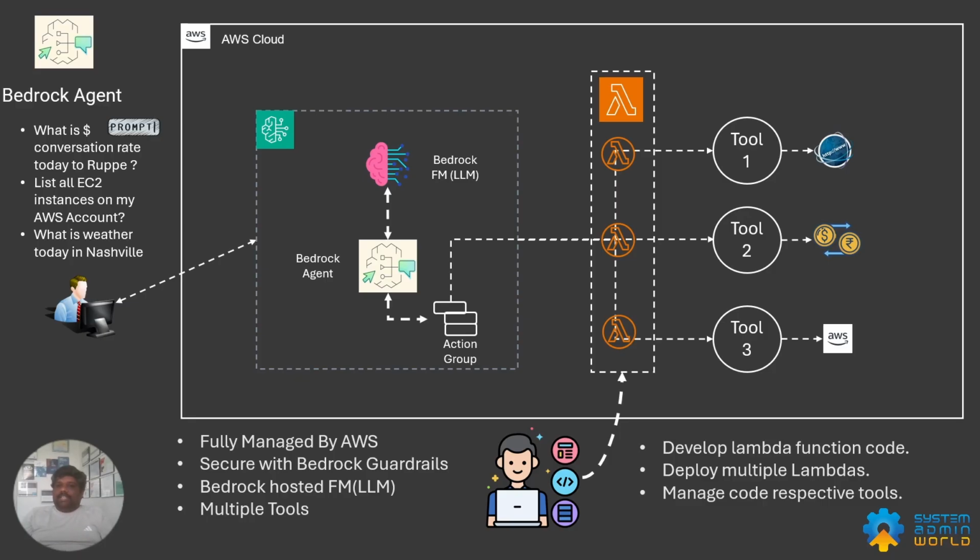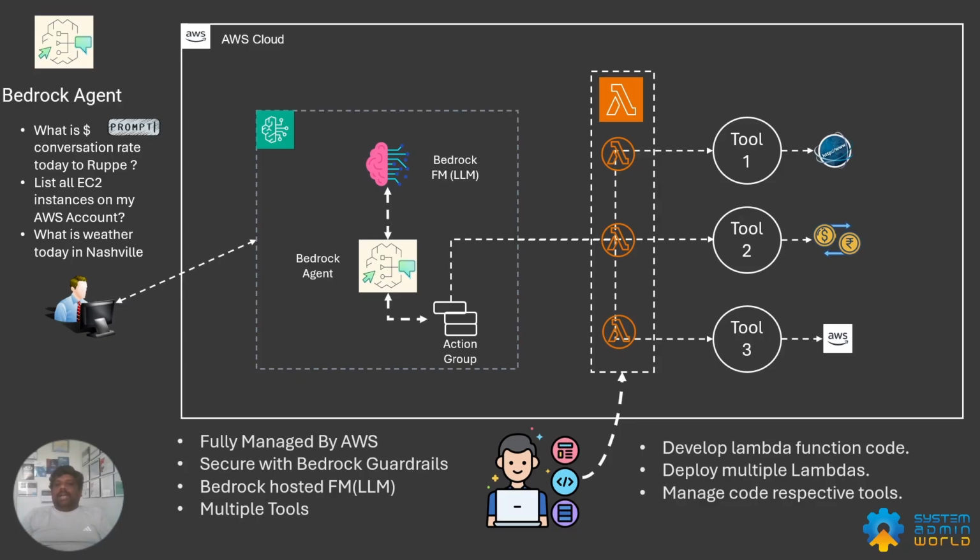Next, the agent uses the action group to route the request to the appropriate tool. Each tool is implemented as a separate AWS Lambda function. For example, tool 1 might fetch the currency conversion rate via an external API call. Tool 2 could query EC2 instances using the AWS SDK. Tool 3 might call an external weather service.